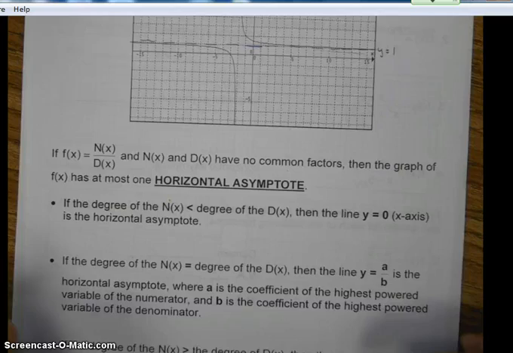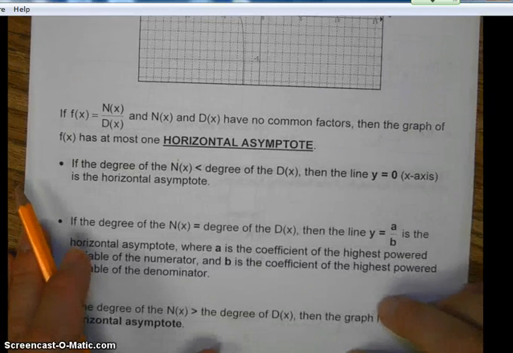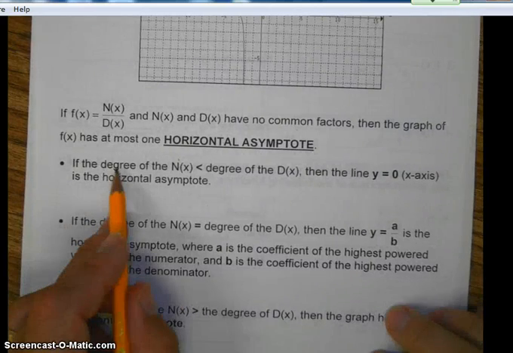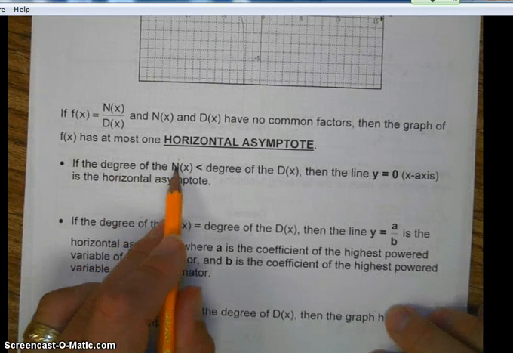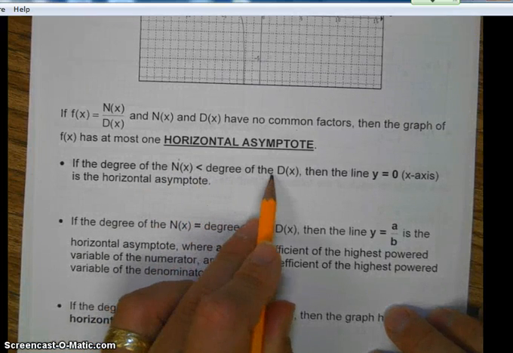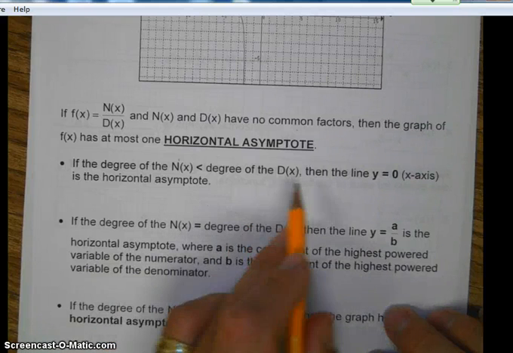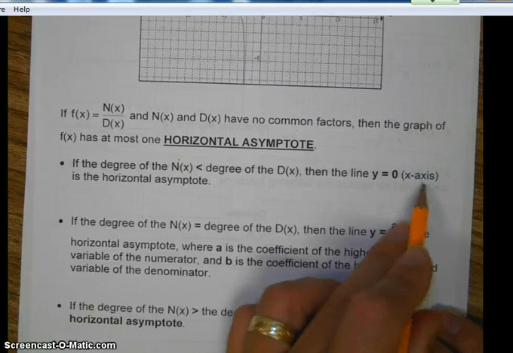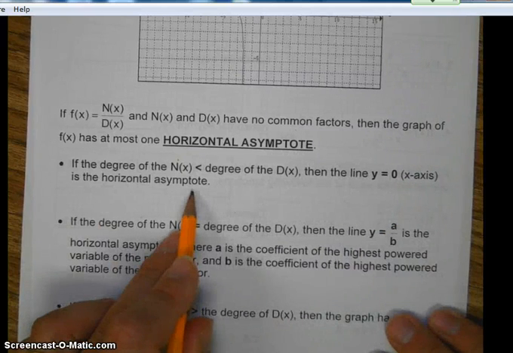Here's how you find your horizontal asymptotes. If the degree of the numerator, the function in the numerator, is less than the degree of the function in the denominator, then the line y equals 0, which is the x-axis, is the horizontal asymptote.